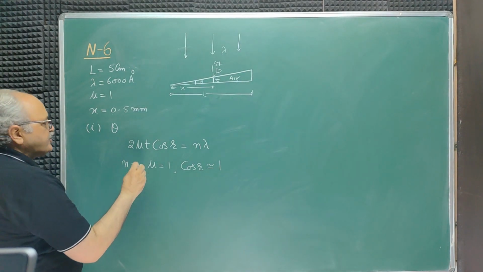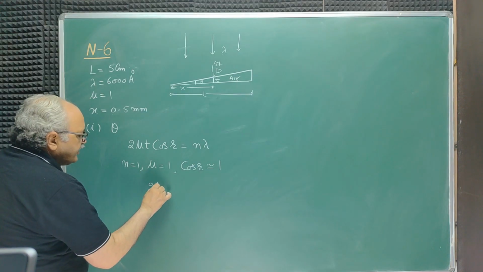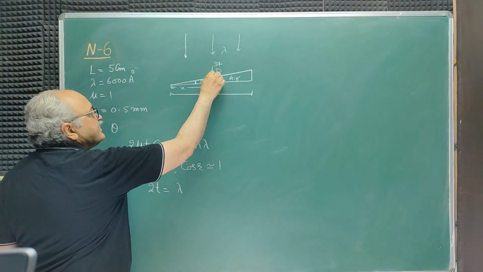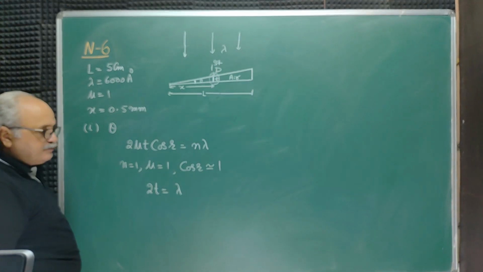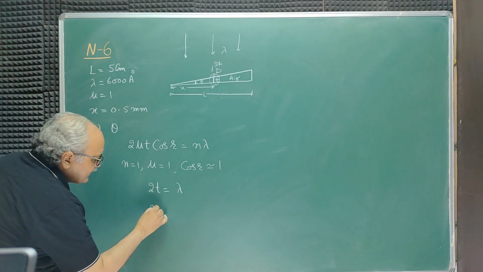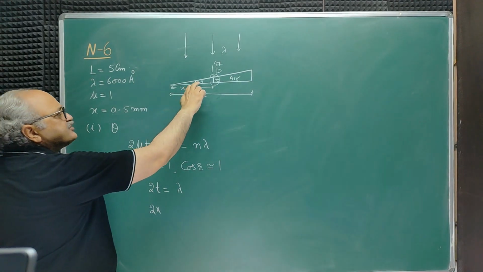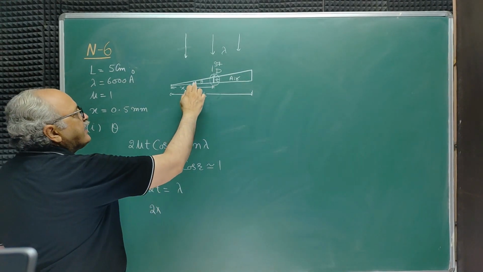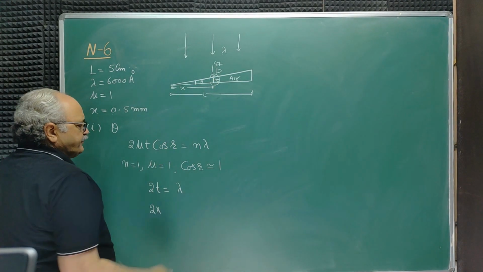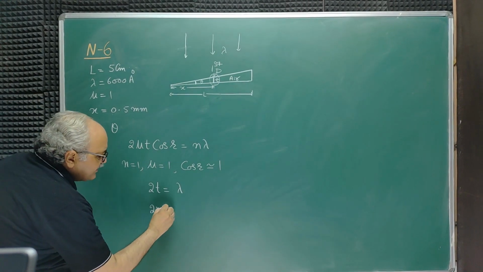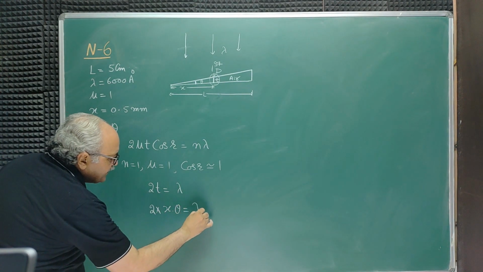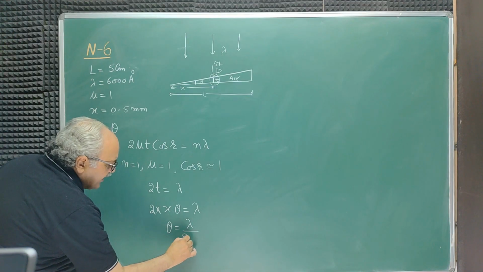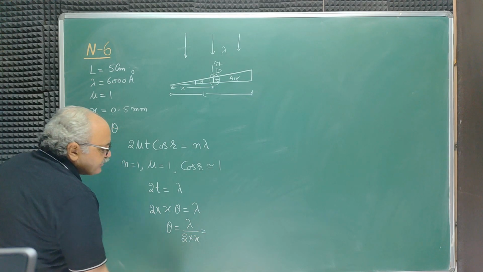That makes the equation 2t equals lambda, and this thickness t, where the first dark fringe comes, can be written using the angle, assumed to be small, as arc by radius, so t equals x into theta. So from here theta is equal to lambda divided by twice of x.